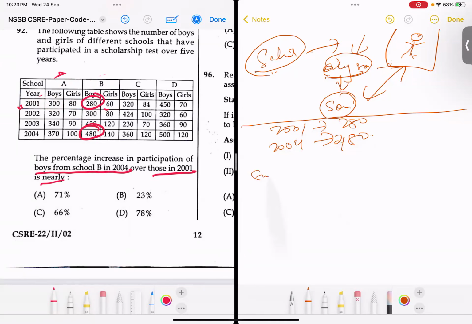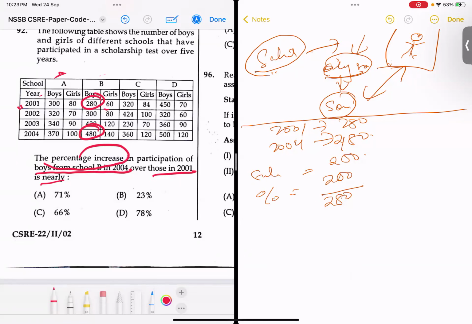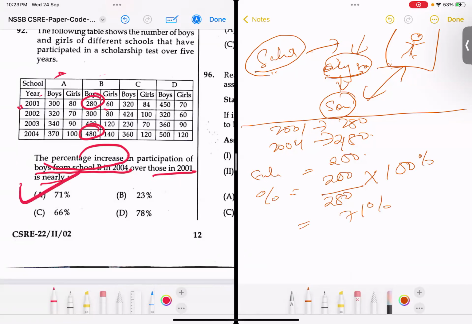If you do the subtraction, the change is 480 minus 280, which is equal to 200. Now percentage is 200 divided by 280. Since we are looking for percentage increase, we divide by the earlier year, the year which occurred first, and multiply by 100%, which comes close to 71%.